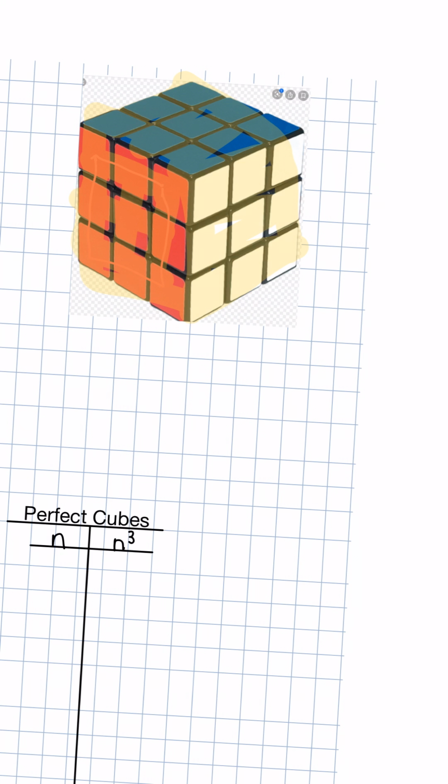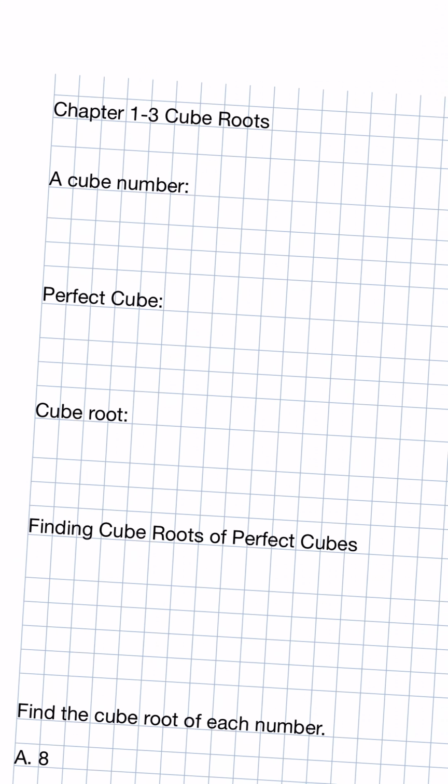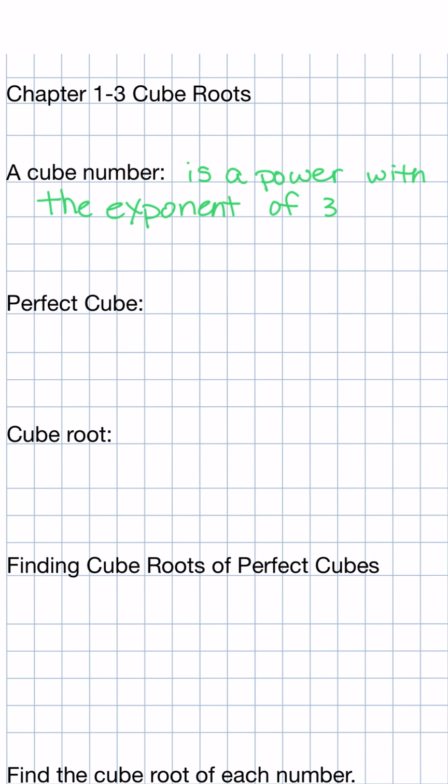So let's put that into some words here. A cube number is a power with an exponent of 3. So for example, for our cube that we just did, a cube number would be 3 to the 3rd power.